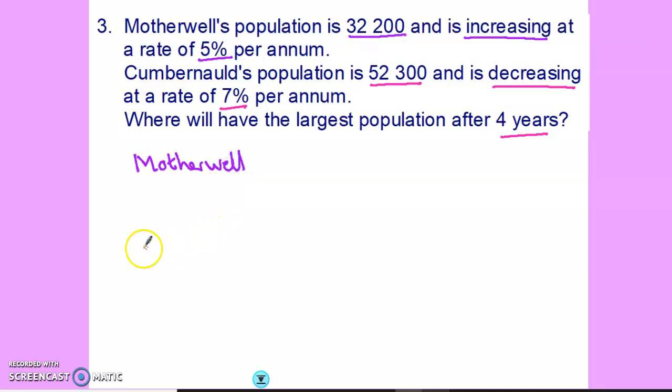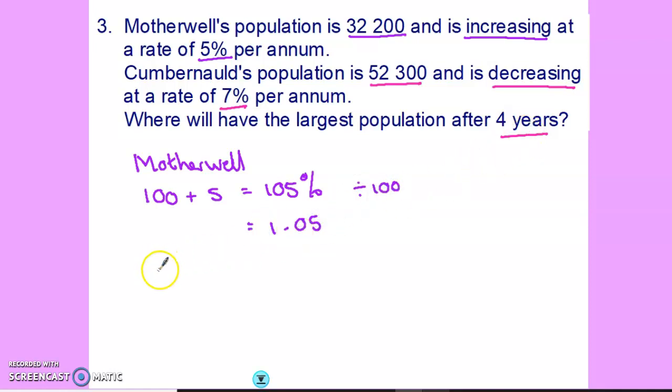I learnt, looking up some numbers for this question, that Cumbernauld is actually the largest town in North Lanarkshire. Didn't know about that before this. Okay, so Motherwell then is increasing by 5%. So add it on to 100. 105%, which as a decimal is 1.05.